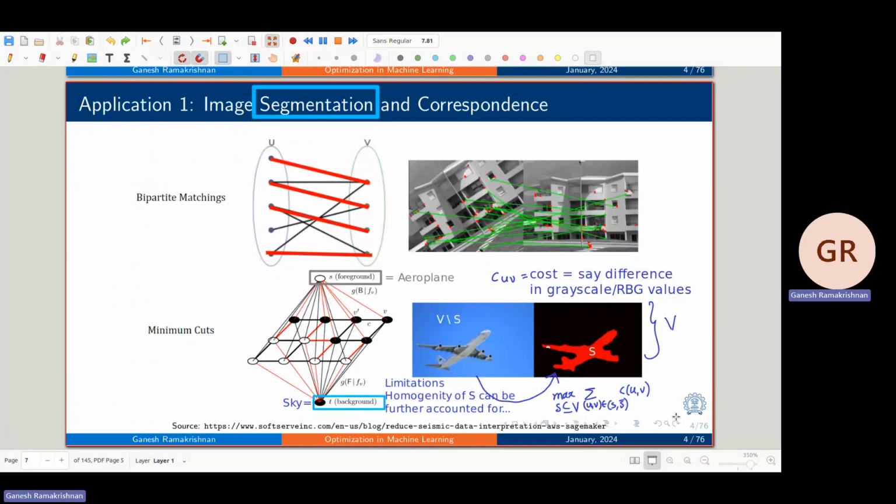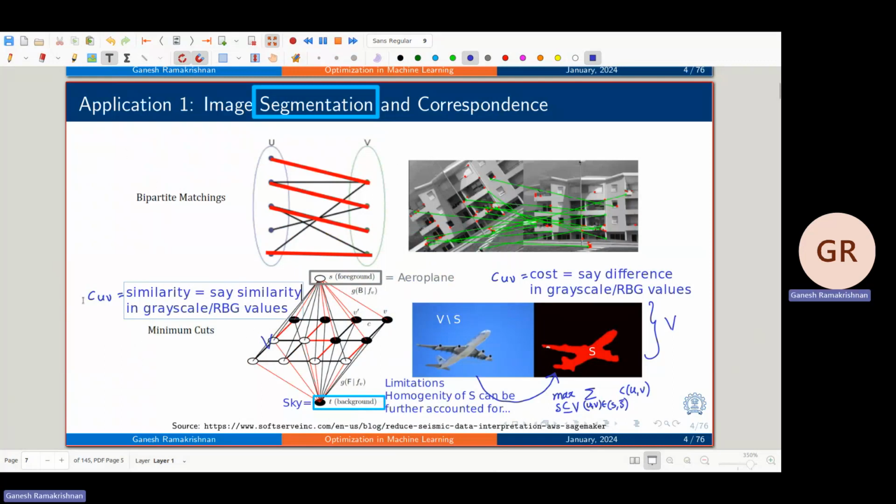Okay. So again, I repeat, this was solved with cost. Let's take a different case. Instead of cost, let's say I looked at similarity, say similarity in grayscale values.